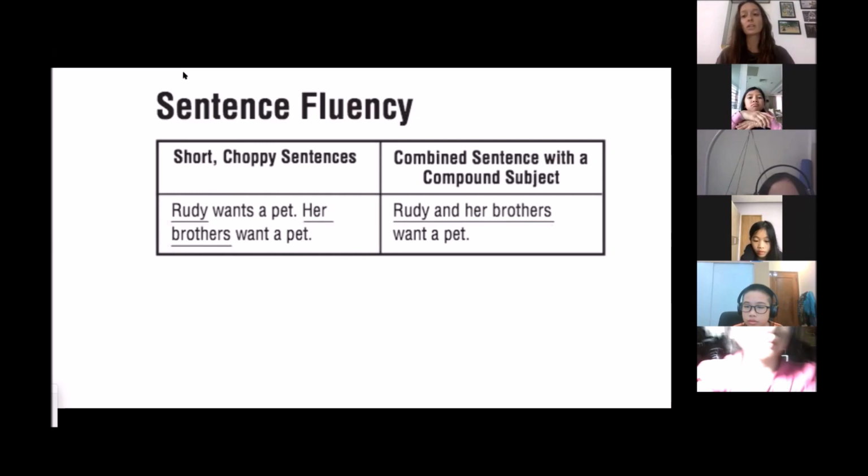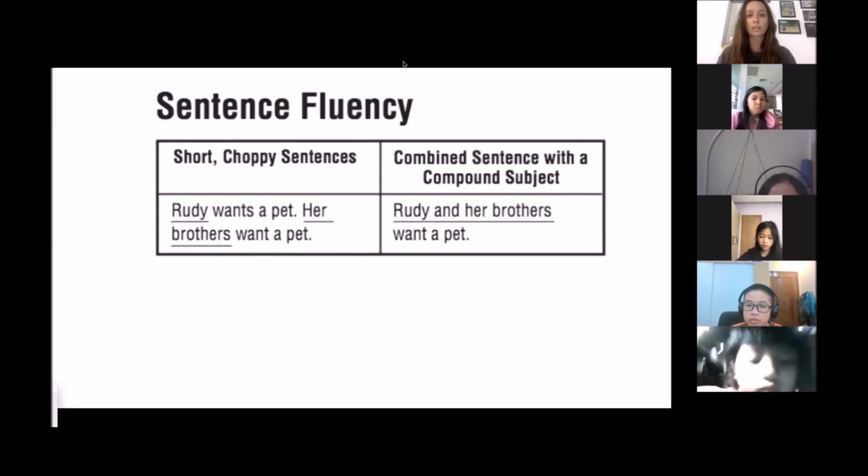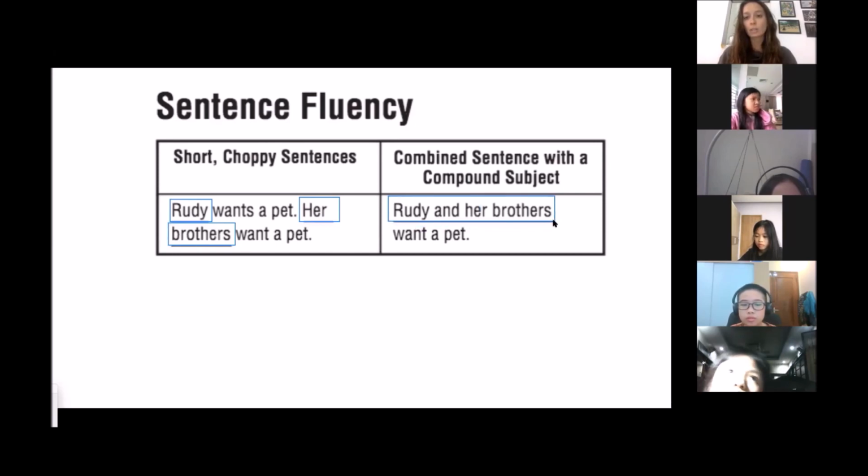So instead of having 2 different sentences, we can combine the 2 subjects. So we know we have Rudy and her brothers. So we can combine our subjects, Rudy and her brothers, with our joining word and to make a better sounding sentence. So Rudy and her brothers want a pet.